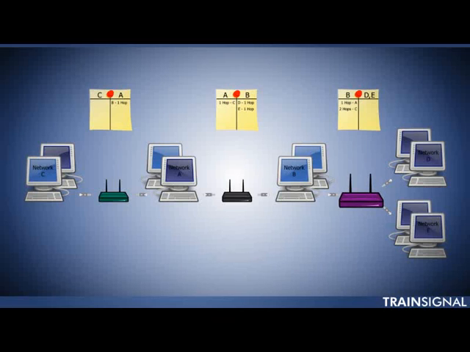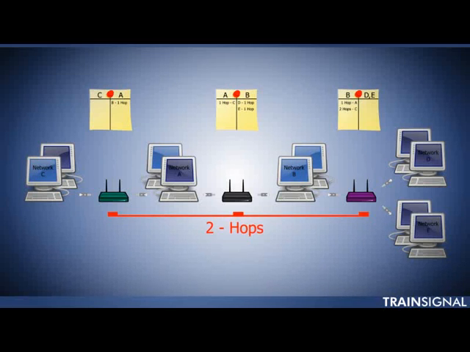This router has now made an entry that says in order to get to network C, so in other words, if that router gets any packets that are destined for network C, I know that I need to send it to another router which is connected to network B, and I know that's going to be 2 hops now before we get to our final destination. Okay, and this is because it's going to have to go through the middle router first, and that's 1 hop, and then the next router, which would be the 2nd hop, before it can get out to network C.